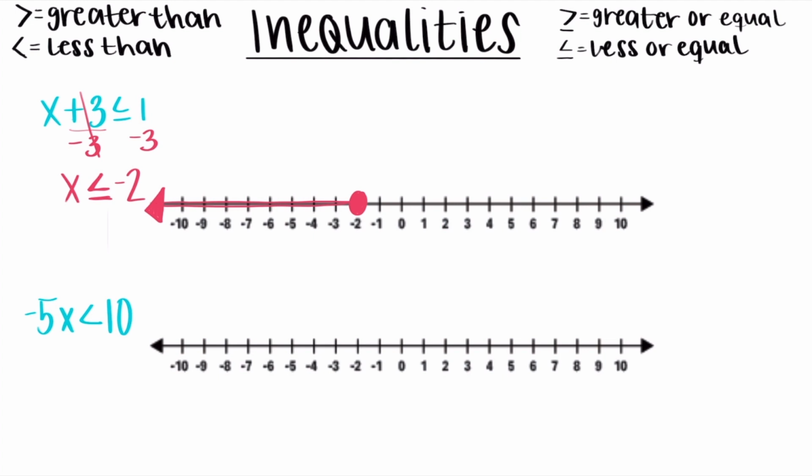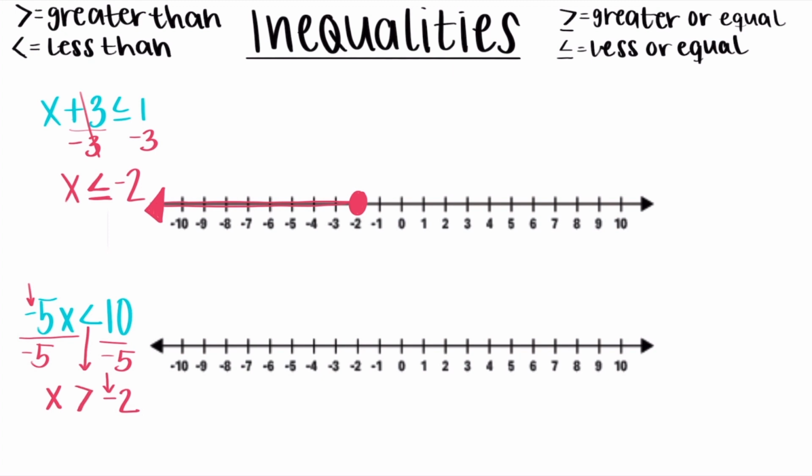Looking at my second example here, now this is the only thing that is different about solving inequalities from equations. So this time I have to divide by a -5. I'm going to do that to both sides, just like an equation. Now notice when I did that, in this inequality, it was starting with my negative on the left side of the inequality, and then it ended with my negative on the right side of the inequality.